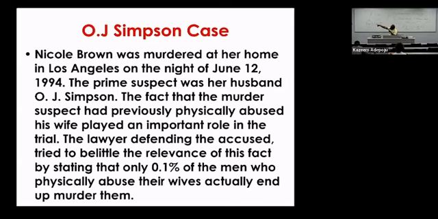Another reason: the defense counsel of Simpson used what I call the frequencies approach, because the guy claimed that it is only 0.1% of husbands who abuse their wives eventually murder them. So he realized that that probability was very, very small. But the defense counsel did not take into account the fact that somebody was murdered.